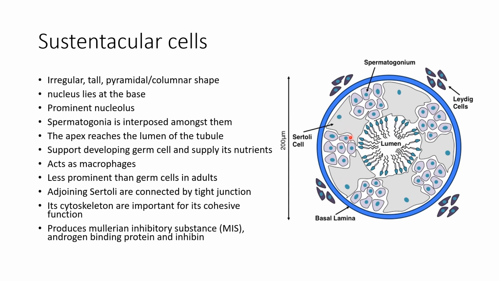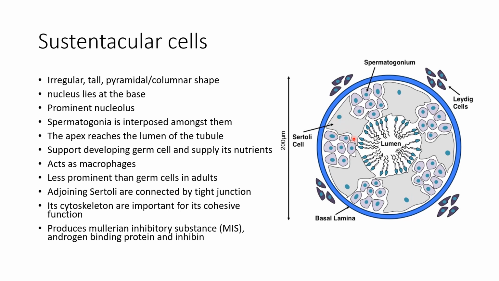Okay, you can see the shape: they are irregular in shape, pyramidal, and look like what you see in the feminine when you do a vaginal smear. They're also tall, being sandwiched, offering some level of protection. The nucleus lies at the base.